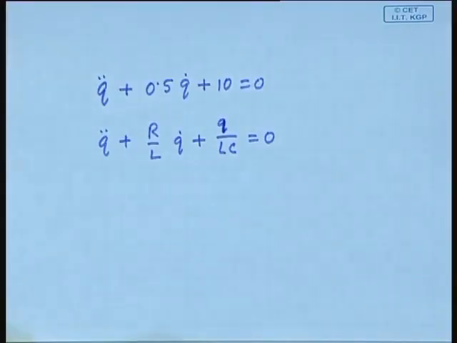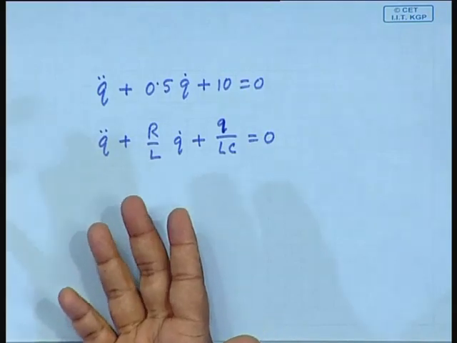Fine. Now, tell me, how should I change these parameters so that I will get exactly equal real roots? How should I change? When will you get the roots exactly equal? And what should I do in order to make it real eigenvalues?